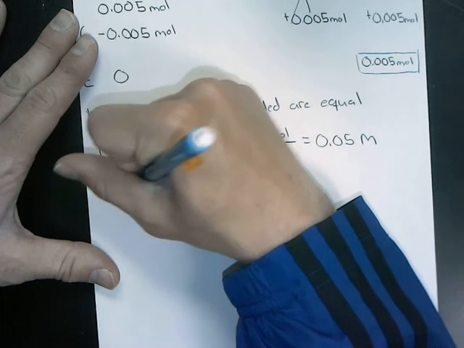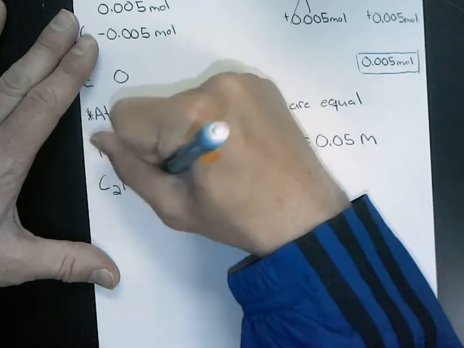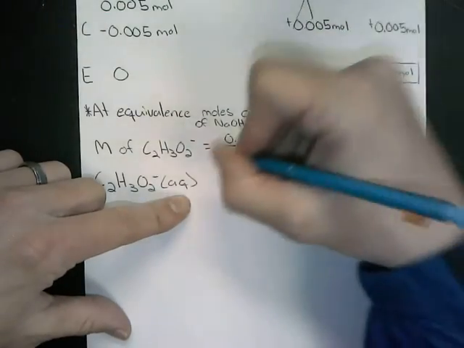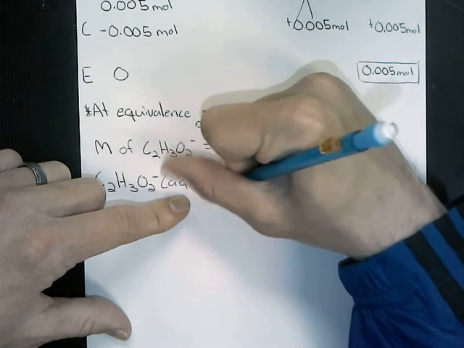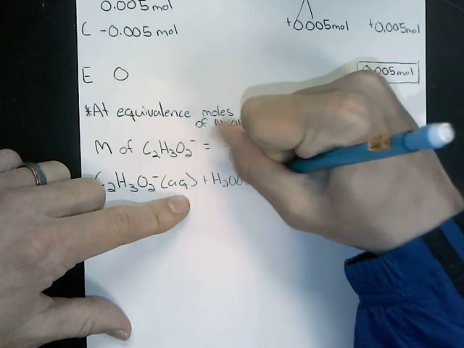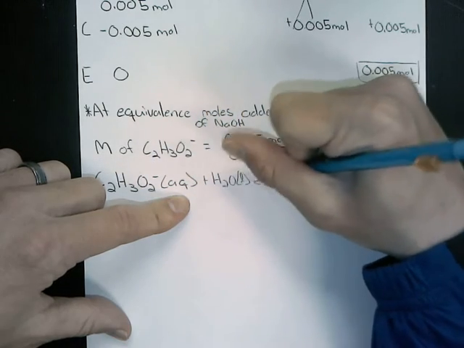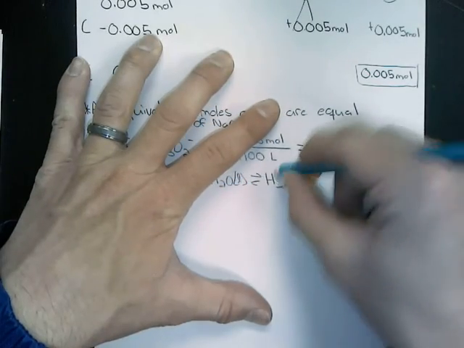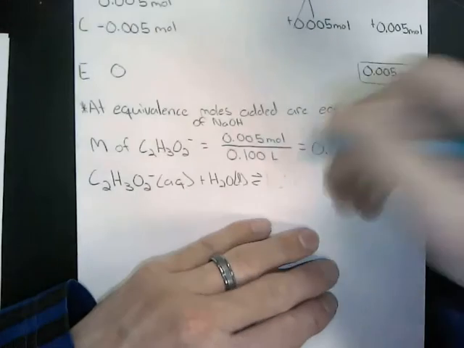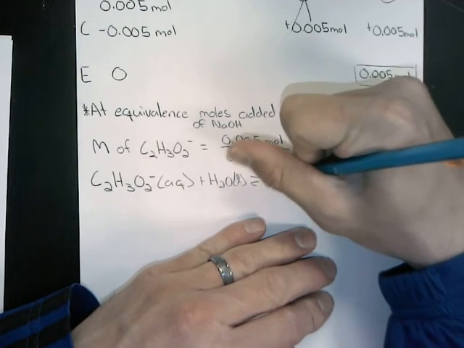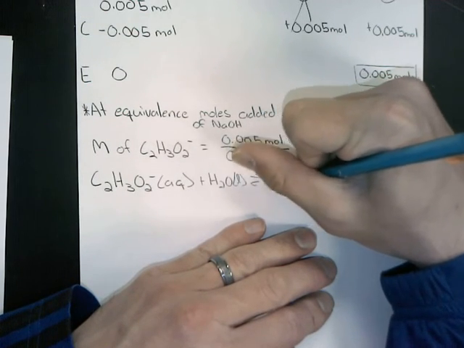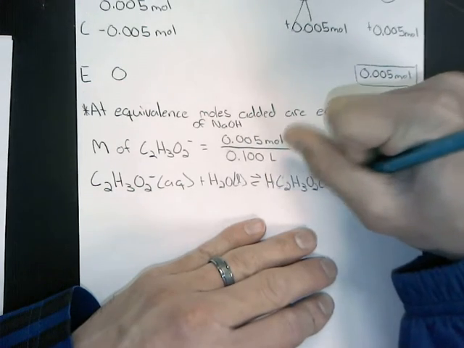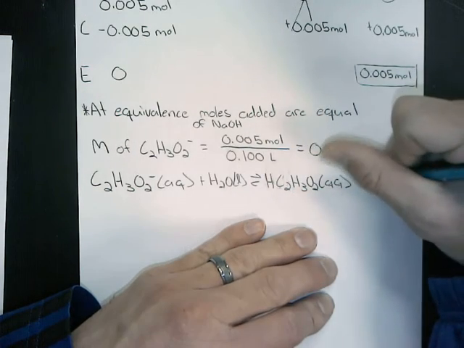We have C2H3O2 minus, which we just took the time to figure out what was our molarity, plus our H2O as a liquid, and we have our weak acid, and we have our hydroxide.